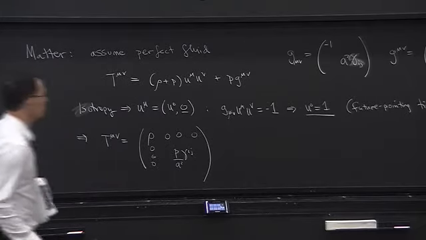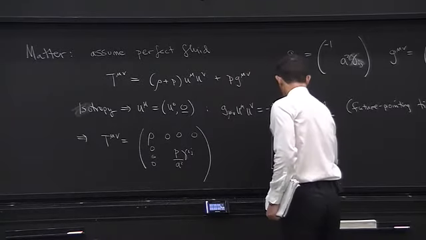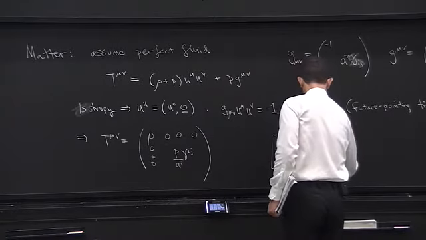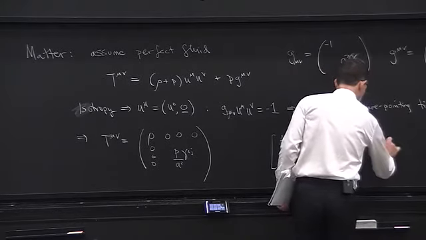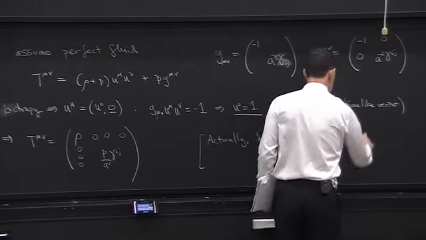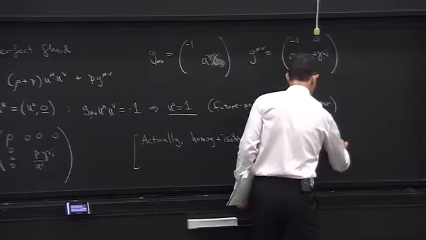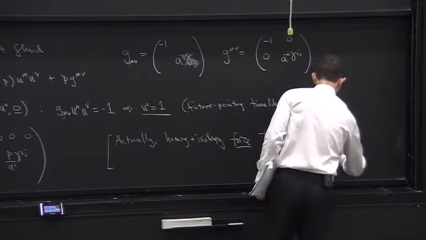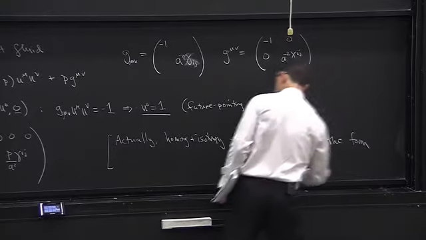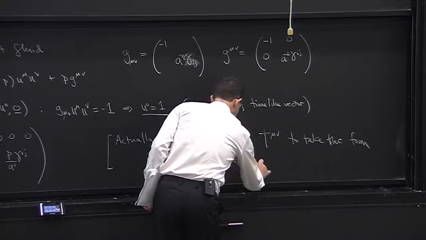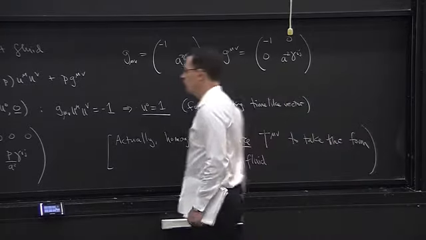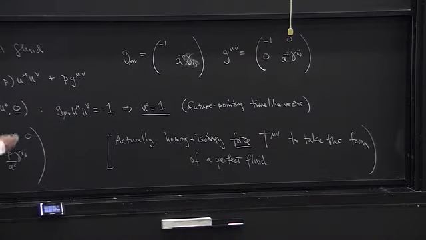Now, actually, let me just make a comment. Actually, homogeneity plus isotropy force T mu nu to take the form of a perfect fluid. Okay, because isotropy forces the T0i's to be 0, and it forces the Tij.